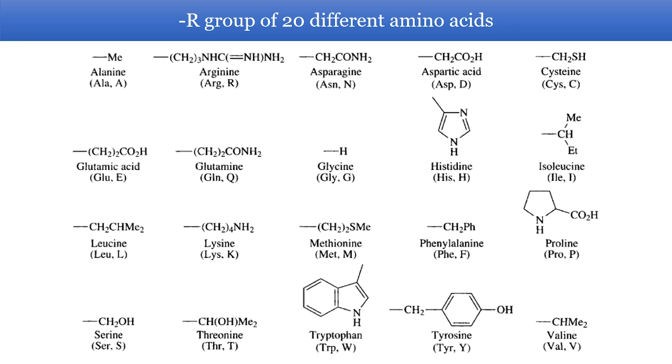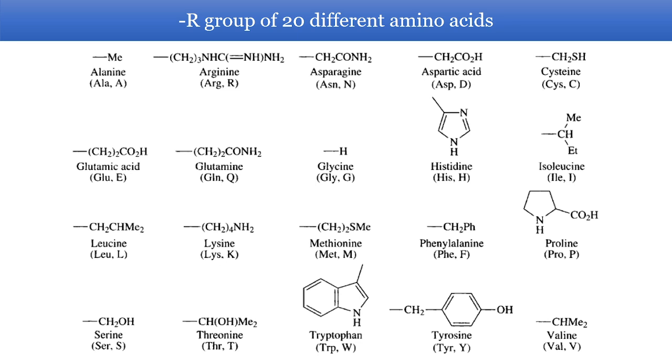Now, it is very important to remember the structure of all of these amino acids, because there can be questions related to the structure of an amino acid and to its chirality.